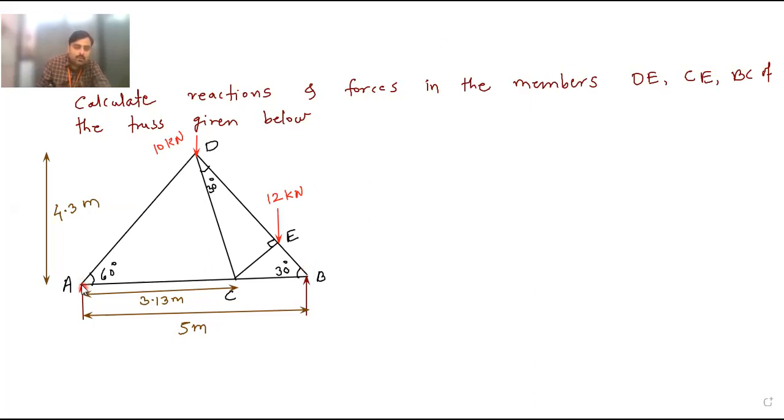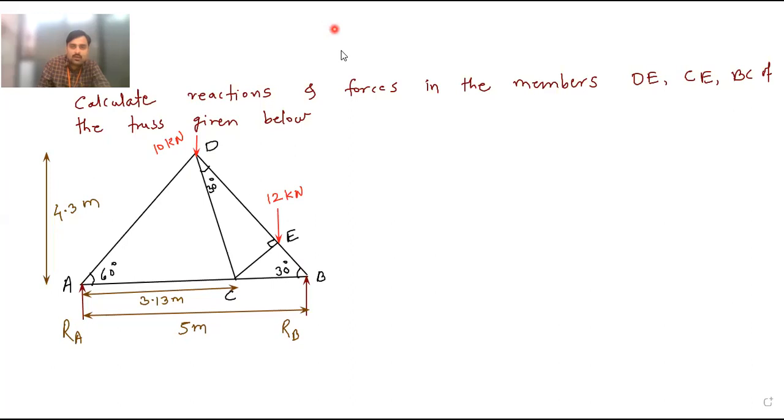See, if you take the moment at point A equal to 0, this RA will become 0. Here I will write this is RA and RB. So this RA will become 0. Then this 10 kilonewton load. What is the perpendicular distance of this 10 kilonewton load from point A? For that purpose, you need to calculate the distance.